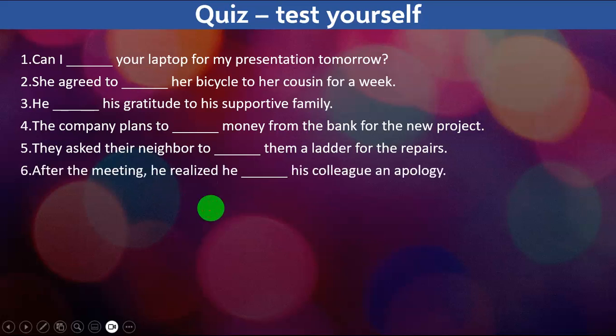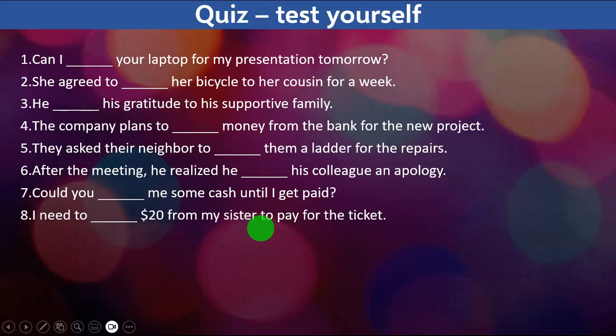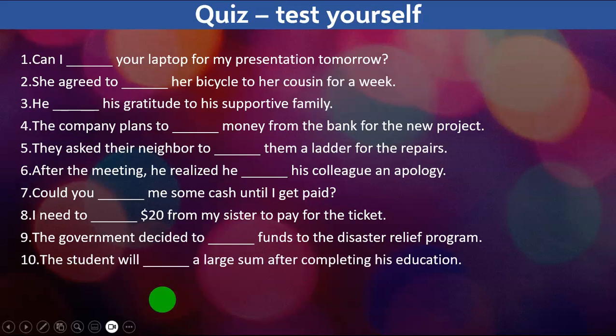Number six, after the meeting, he realized he dashed his colleague an apology. Number seven, could you dash me some cash until I get paid? Number eight, I need to dash $20 from my sister to pay for the ticket. Number nine, the government decided to dash funds to the disaster relief program. And number ten, the student will dash a large sum after completing his education.